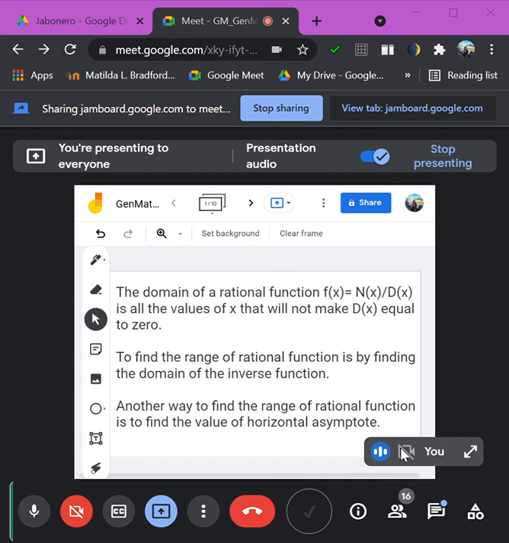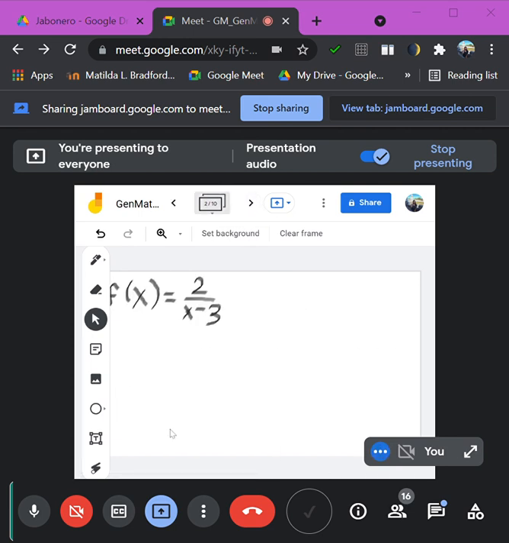We can also use the graph. So there are many ways to get our range from our domain. Let's go straight to our example.